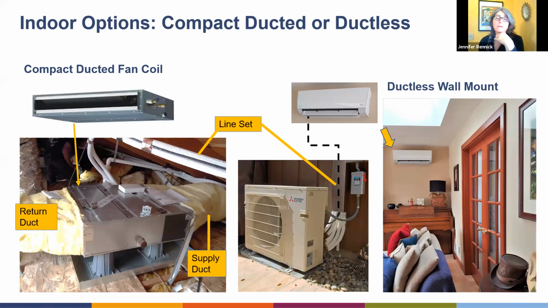I'm familiar with the contractors in and around San Luis Obispo, North County. And this unit in the middle and the picture on the left together is from a project of ours. And the outdoor unit was installed within 30 minutes, really. And then everything was hooked up.